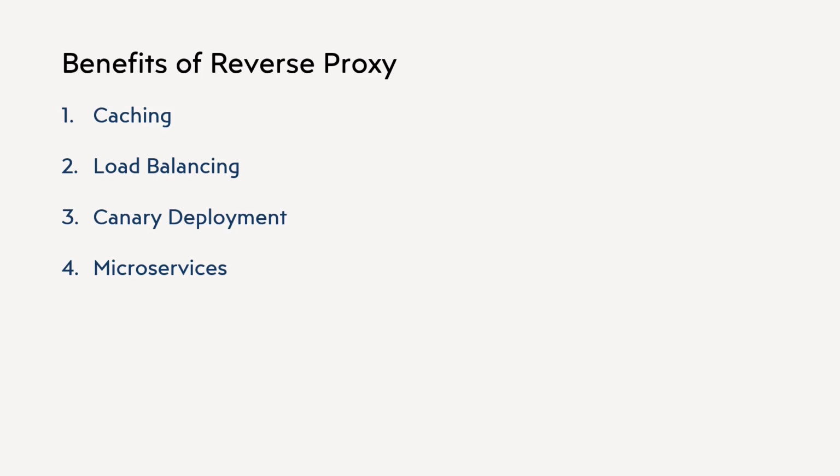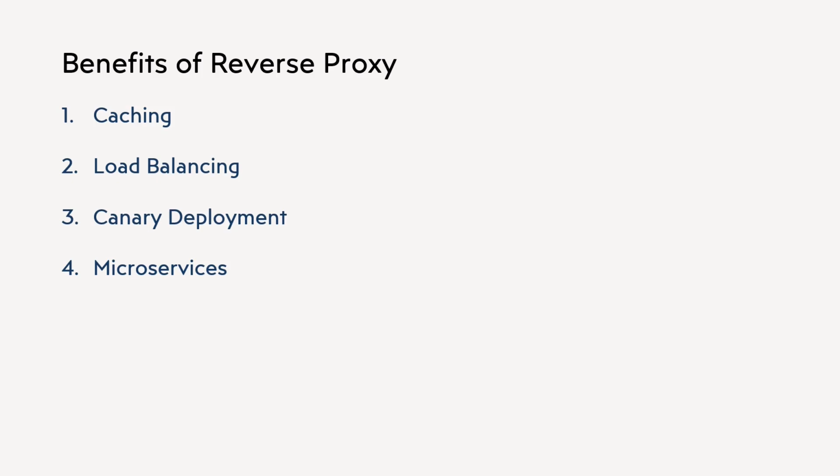But in short, because in the backend there may be hundreds of servers serving requests, the proxy will also act as the load balancer and route the request to those particular servers, maybe using some algorithm like round robin. So the reverse proxy is also working as a load balancer.